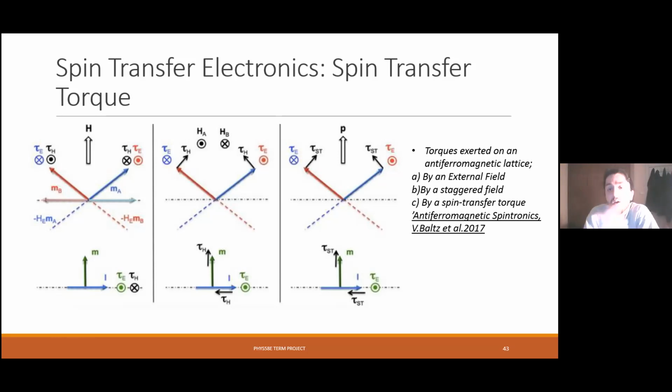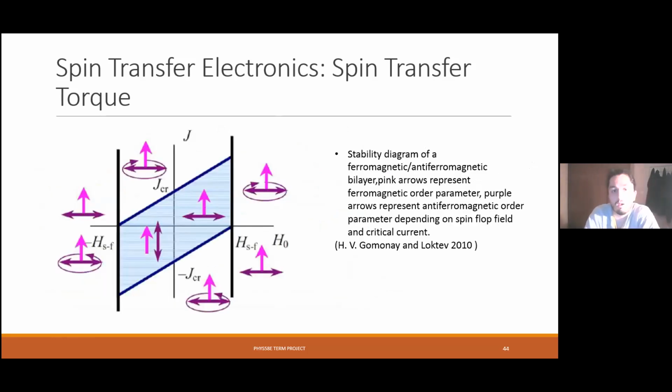And when we apply spin transfer torque to the system, the spin transfer also cants the spins. So we can say it is a way to cant and manipulate the spins. By the way, P is for the polarization of the spin. There must be a polarized spin current.